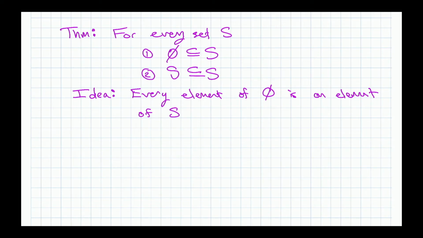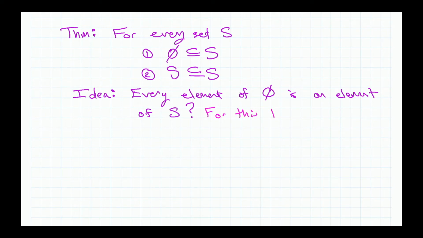That's what it means to be a subset. I'll put a question mark on that. Is that true or is that false? Well, that's true, right? Every element of the empty set is an element of S because the empty set doesn't have any elements.